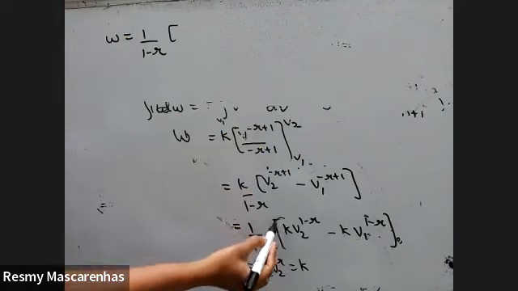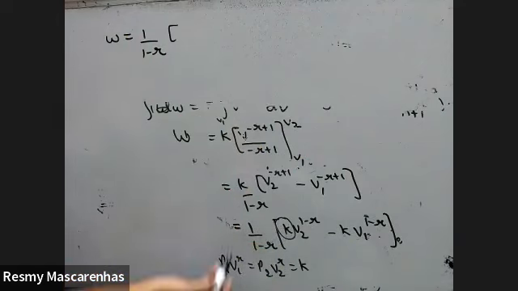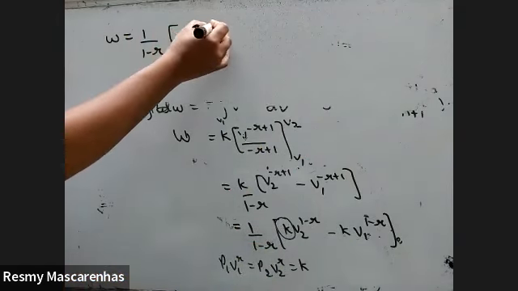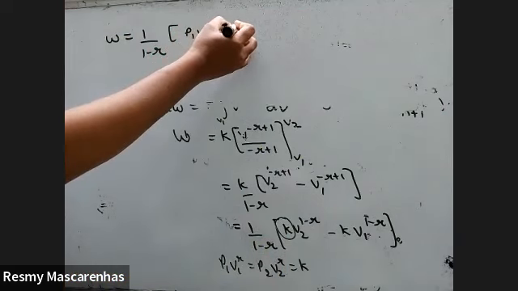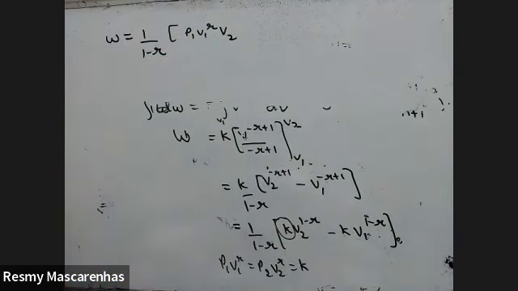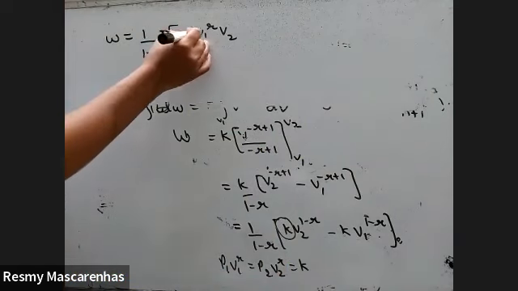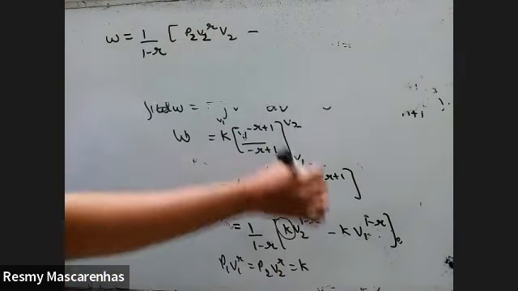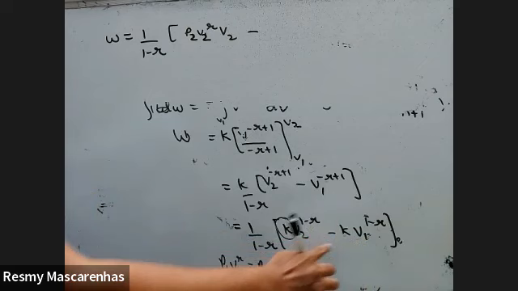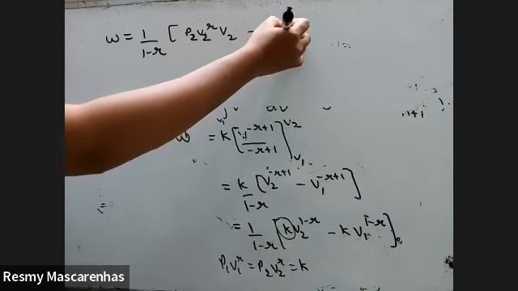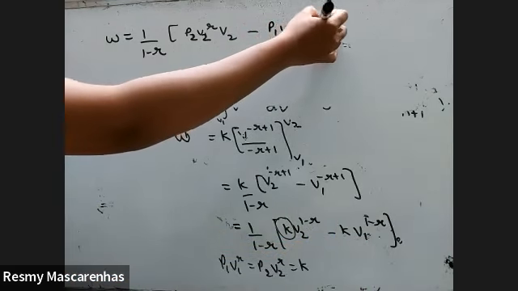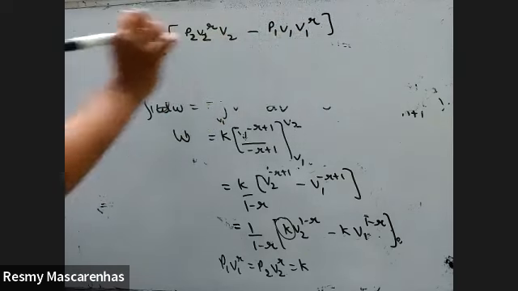Now instead of K, what will I substitute? V1, V1. Oh, this is V2, no? So wherever there is V2, I'll put everything in terms of V2, and wherever there is V1, I'll put K in terms of V2. Everything is 2.